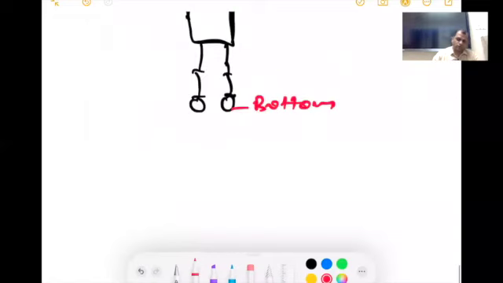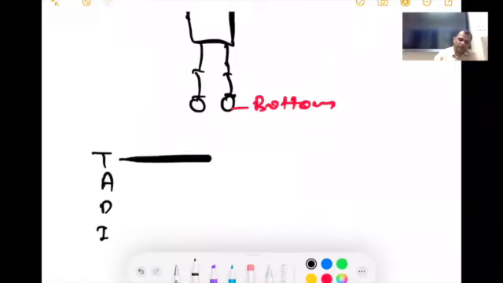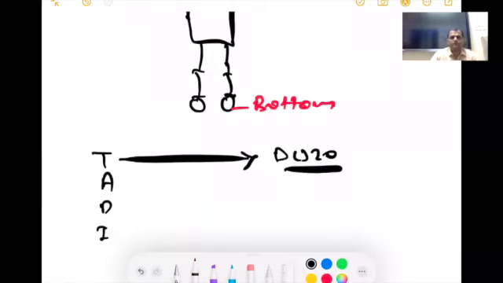The point number 2: we will apply the formula TADI. T means DU20, the tranquilizer point, reducing the pain. A means analgesic point, Li4. So we'll take Li4.